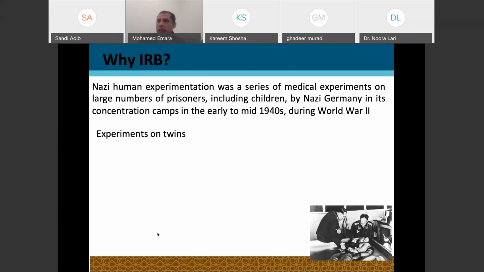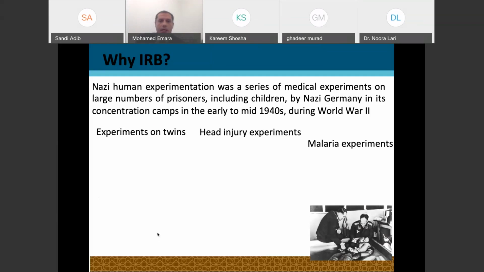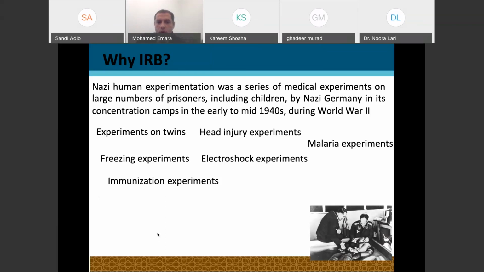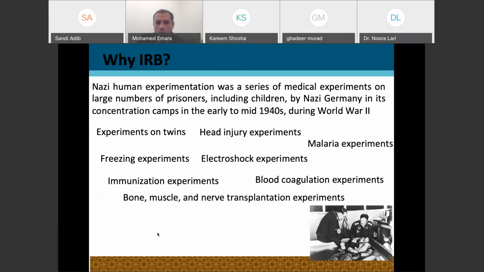From the names you can see here, you can imagine how fatal and inhumane these experiments were: head injury experiments, experiments on twins, malaria experiments, freezing experiments, electric shock experiments, immunization experiments, blood coagulation experiments, bone, muscle and nerve transplantation experiments, without any kind of ethics toward the human subjects.